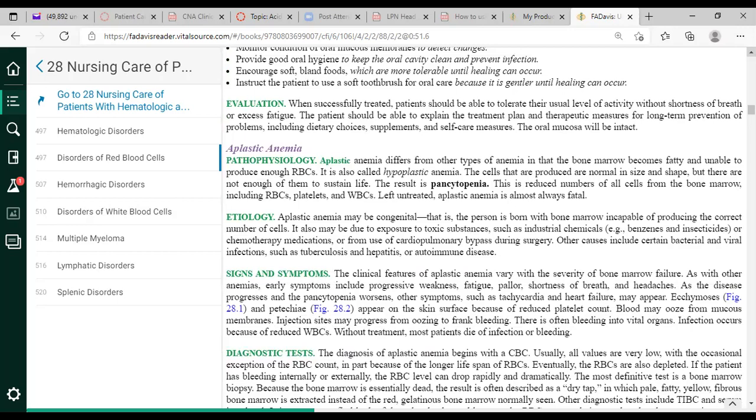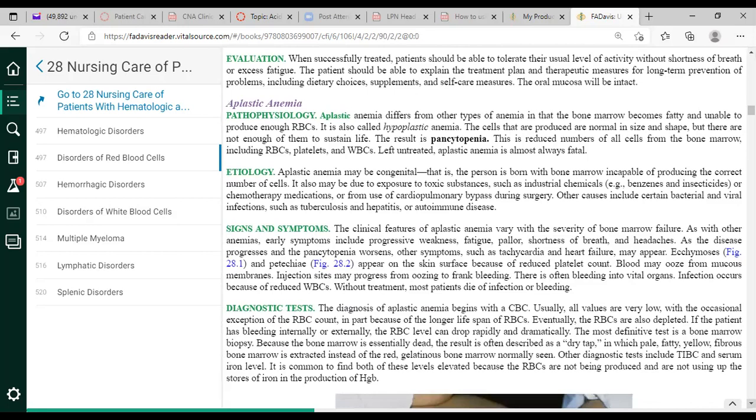So you will probably need a transfusion, or if it's caught early, the patient may need to be started on some type of iron supplements to contribute to red blood cell production. The patient's bone marrow may need to be evaluated if the patient is not producing enough red blood cells. Is there something wrong with the individual's bone marrow? Okay.